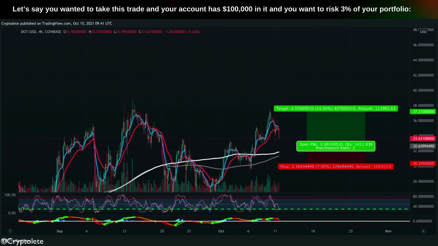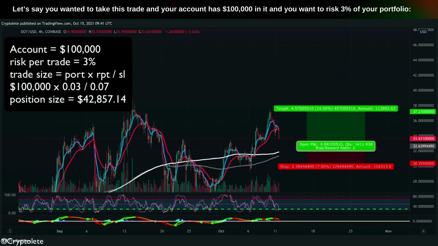Okay, so let's say that you wanted to take this trade and your account has $100,000 in it and you want to risk 3% of your portfolio. So your risk for this trade is 3%. Well, your position size is your portfolio times risk per trade divided by stop loss. Your position size equals $100,000, which is your portfolio, times 0.03, which is your risk per trade, divided by 0.07, because that is the stop loss for this trade.